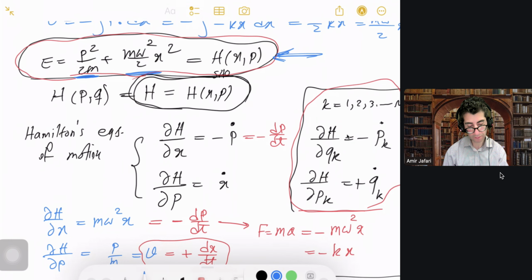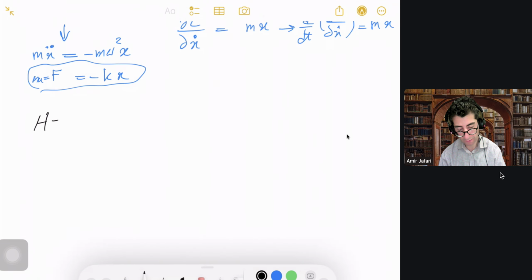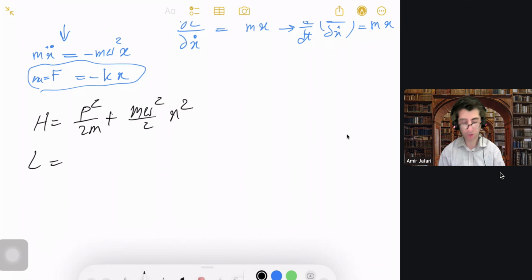oscillator over here. Okay, so in short, we have Hamiltonian p squared over 2m plus m omega squared x squared, and the Lagrangian is the Legendre transform of this, and it is given by 1/2 m x dot squared minus 1/2 m omega squared x squared.